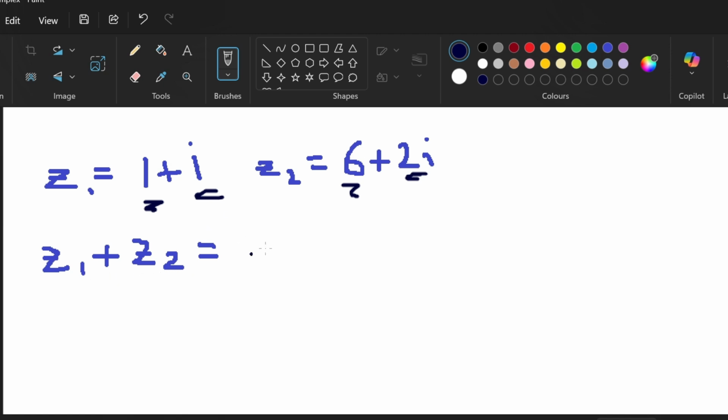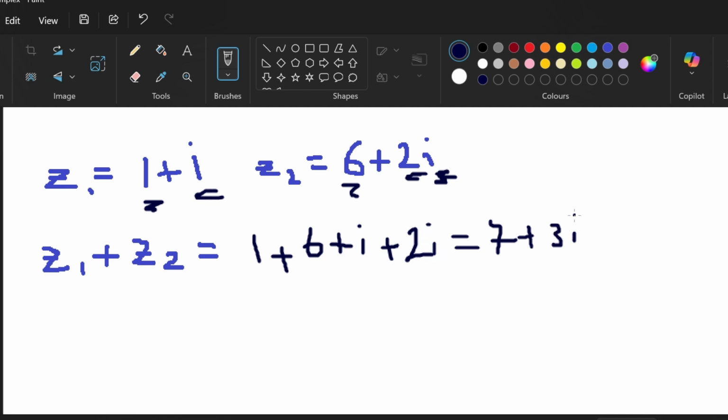So z1 plus z2 is equal to 1 plus 6, that's both the real parts, plus i plus 2i, and that's the imaginary parts with this i here. So if I simplify, we can see that this is 1 plus 6, 7, plus 1i plus 2i is 3i.